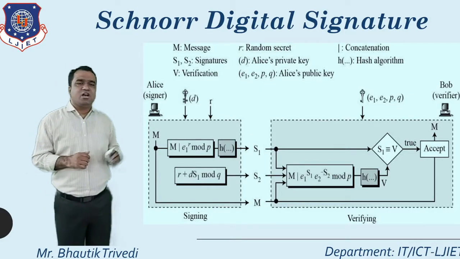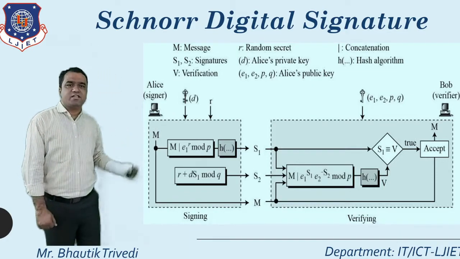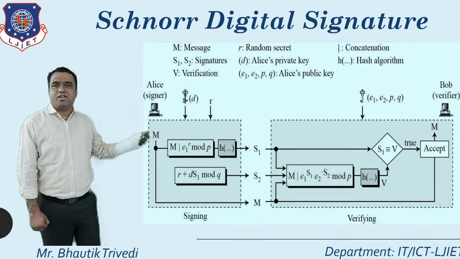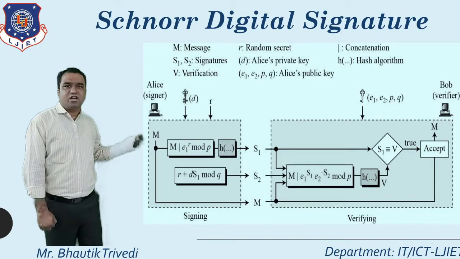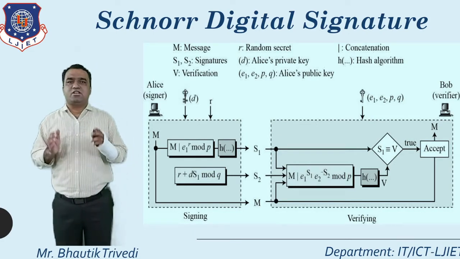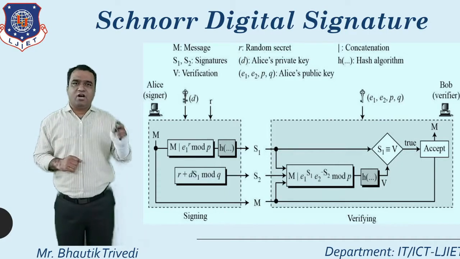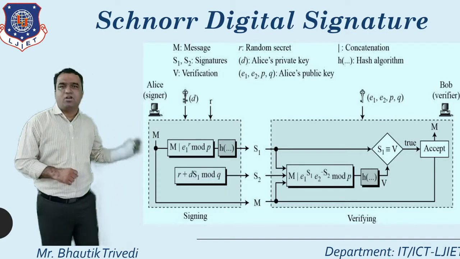So here you see we repeat the same procedure: one is the signing phase, and the second is the verifying phase. In the signing phase, Alice directly passes the M. How do I generate S1? If I want to generate the signature S1, it consists of two techniques: you apply the hash algorithm and you apply the concatenation.